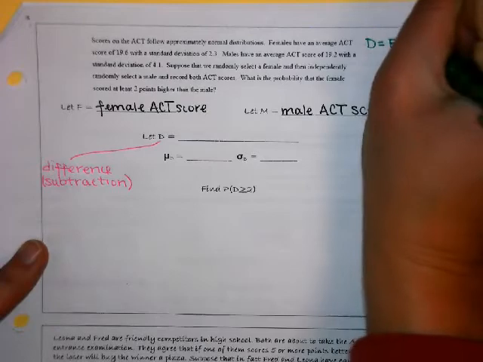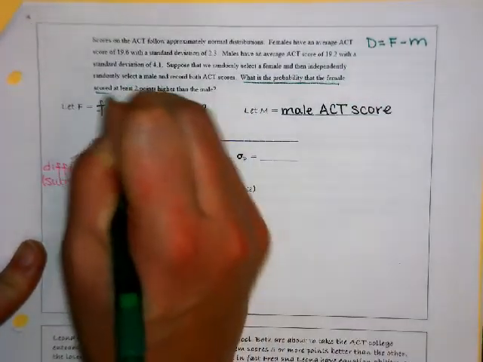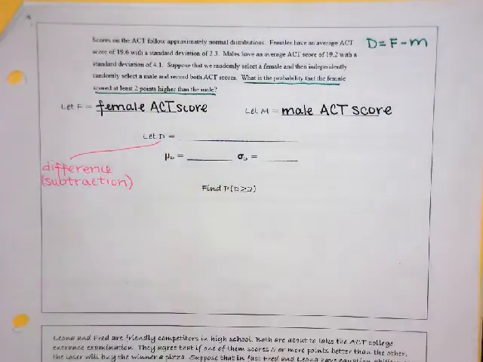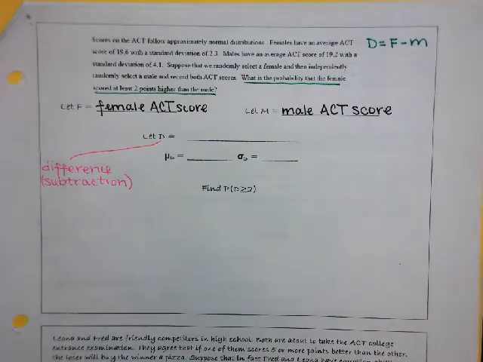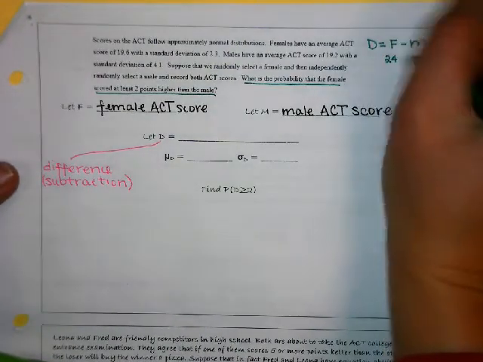So let's say, just for the sake of actual numbers, the female got a 24. That means the male gets 22 or lower, right? So my difference is a positive value.